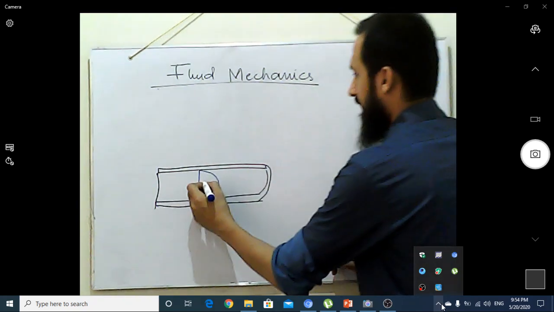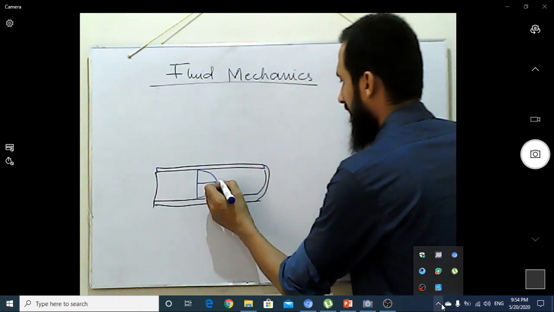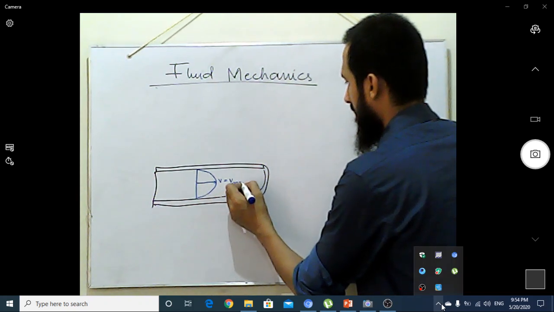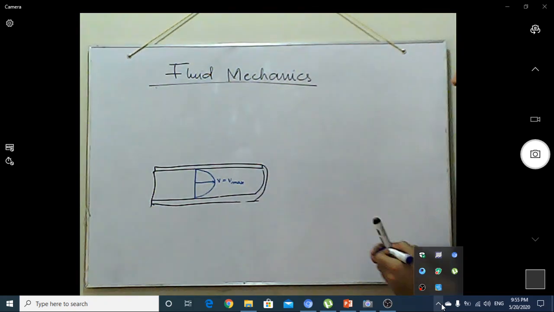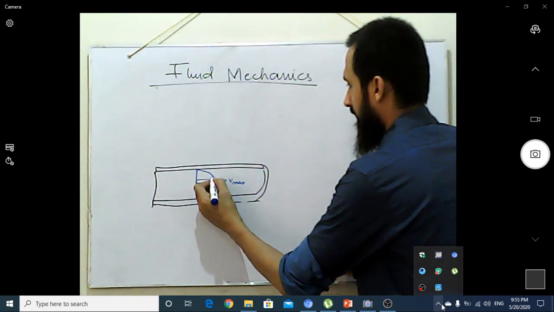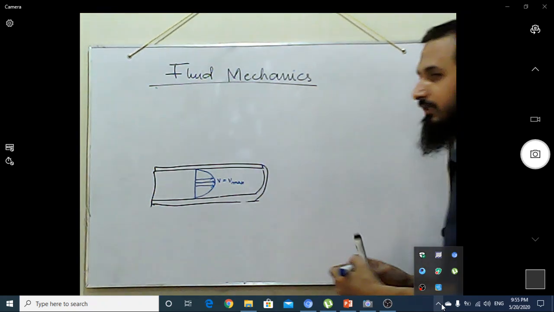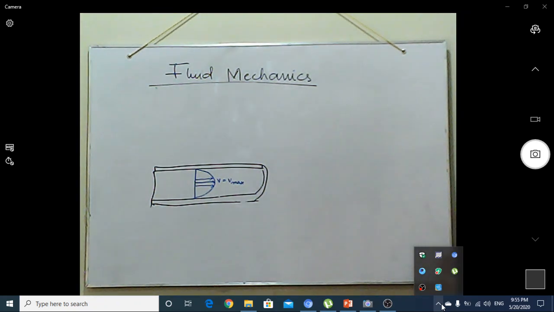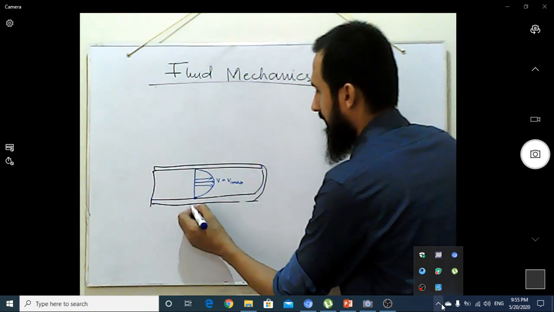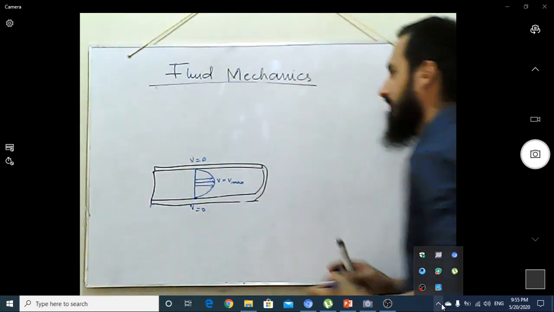Definitely the middle layer has the highest velocity; we can say the V here is V max. If we go above or below this layer, the velocity gradually decreases in such a manner that when it reaches the solid surface, it becomes 0 in both cases.